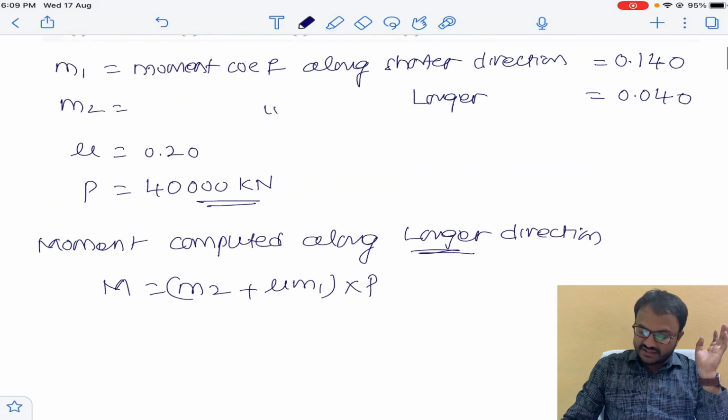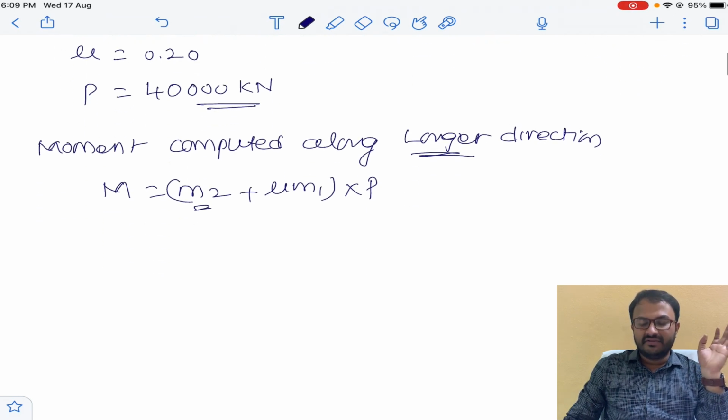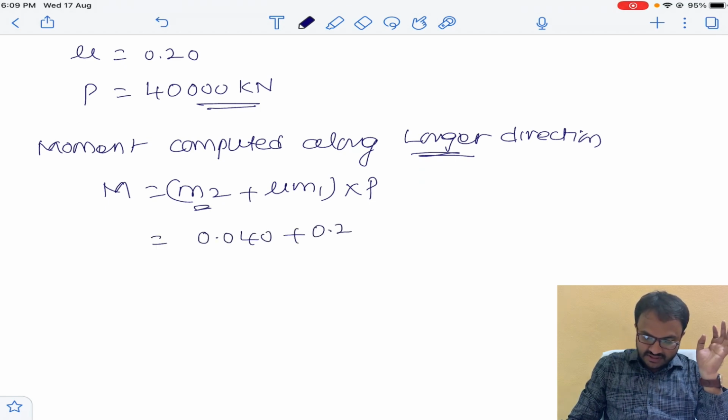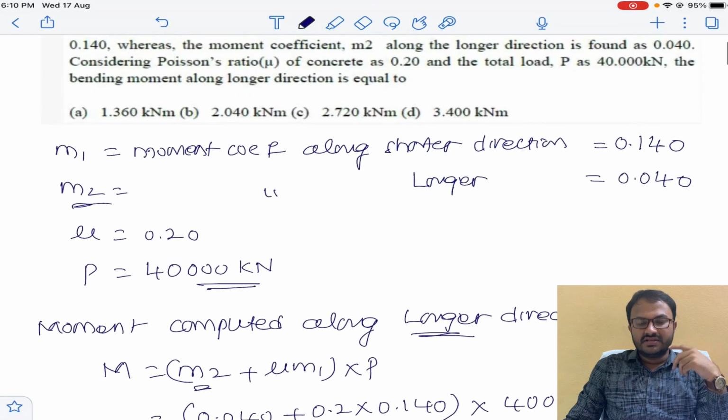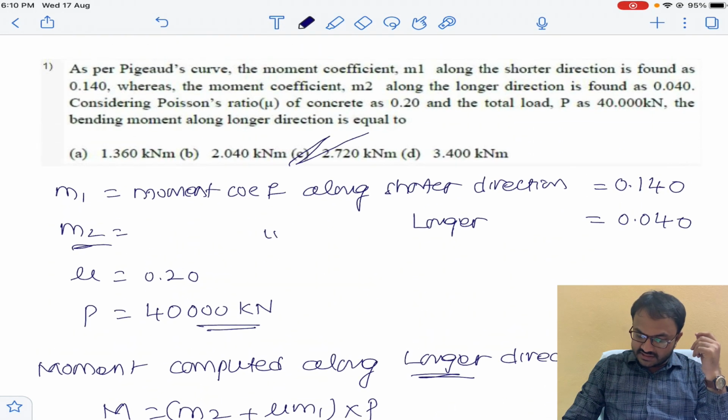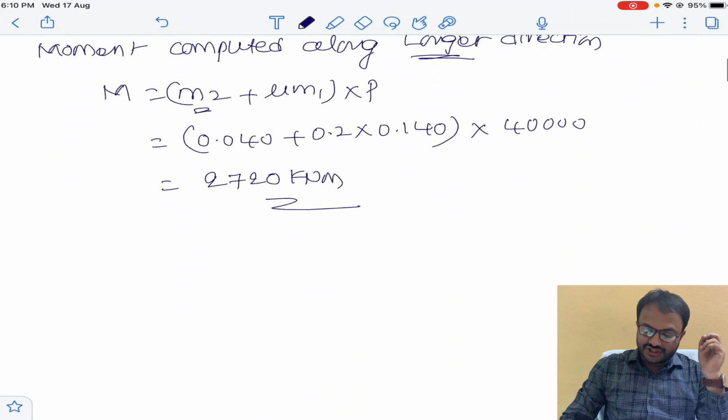Along the longer direction, m2 and mu times the shorter direction coefficient, and this entire thing is multiplied with the concentrated load. That is (0.040 plus 0.2 into 0.140) into 40,000. So I will get 2720 kilonewton meter. Clear? So for question number 1, the answer is 2720 kilonewton meter. Okay. Next question.